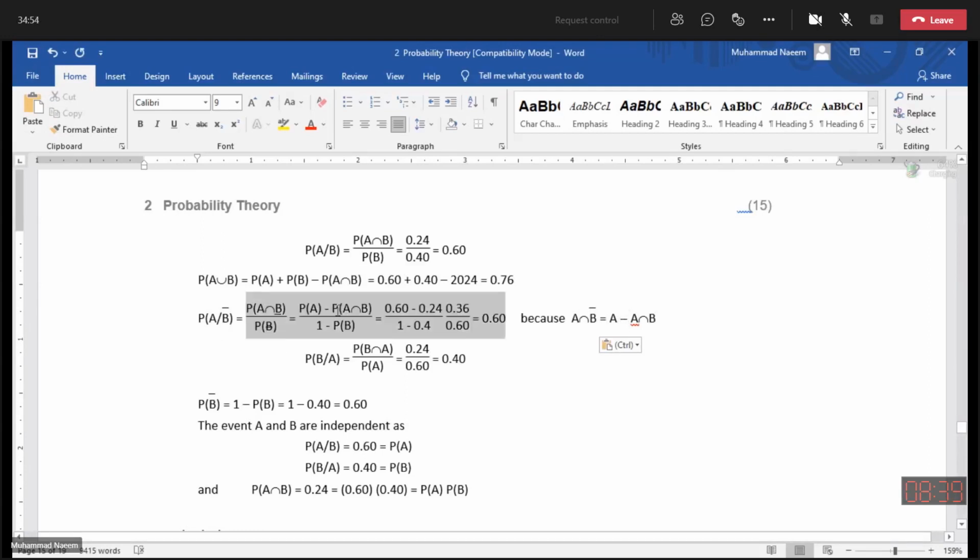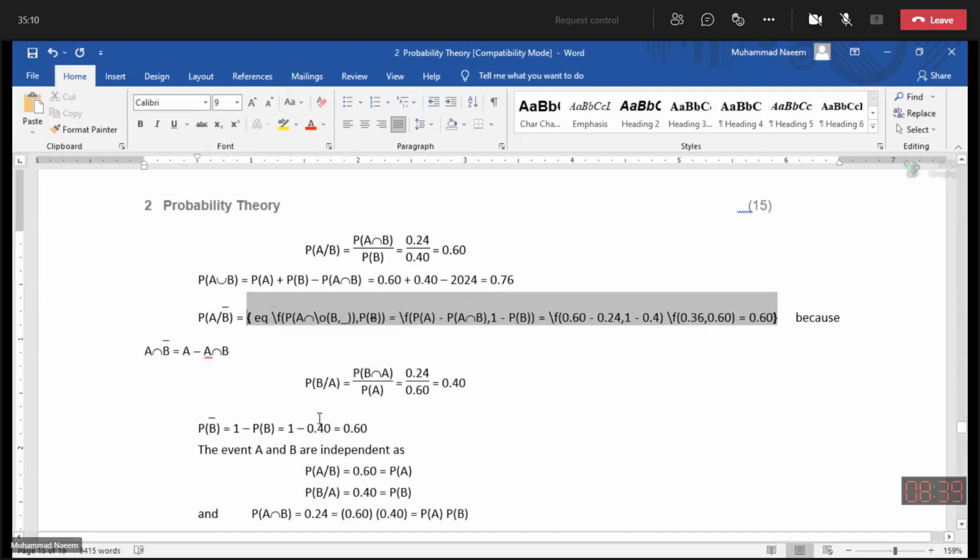So again, simply put all these values as they are available. Probability of A is available, probability of the intersection is available. In the denominator, we have the probability of B complement.